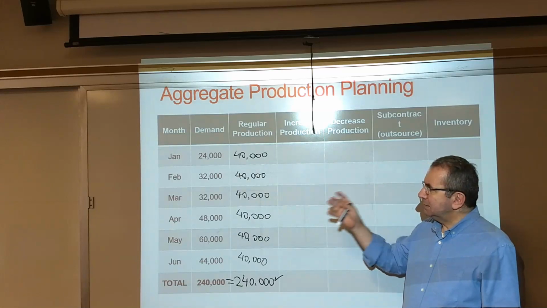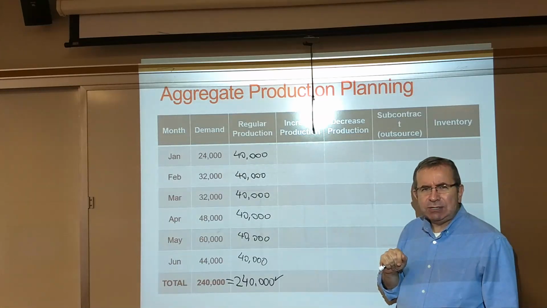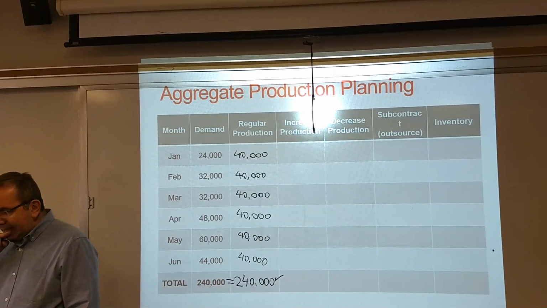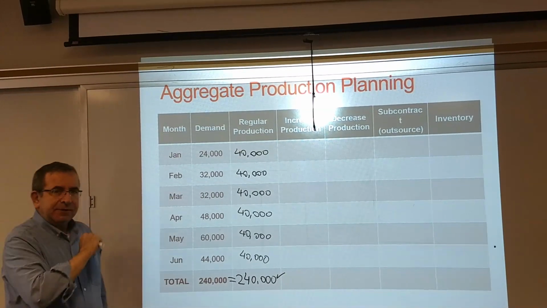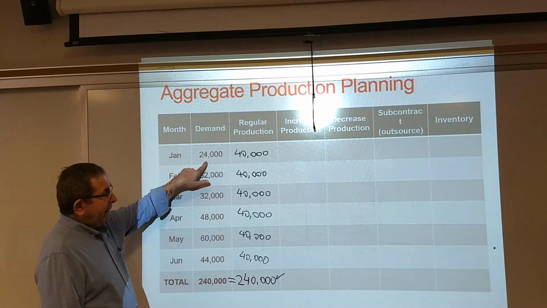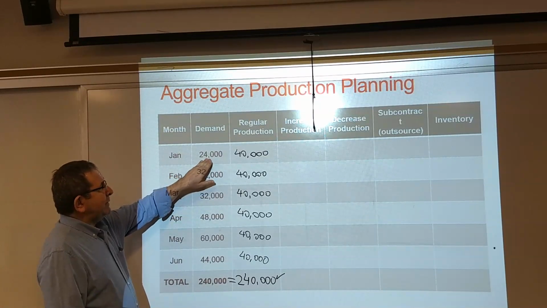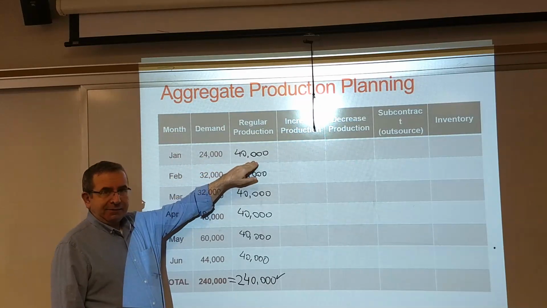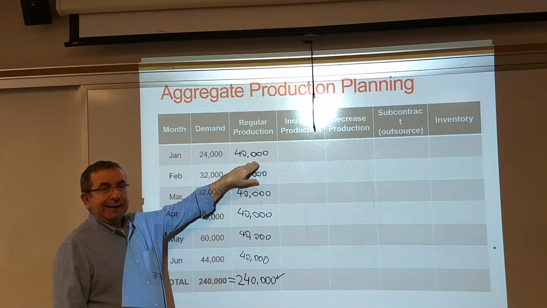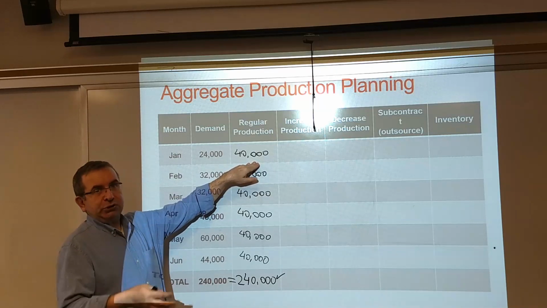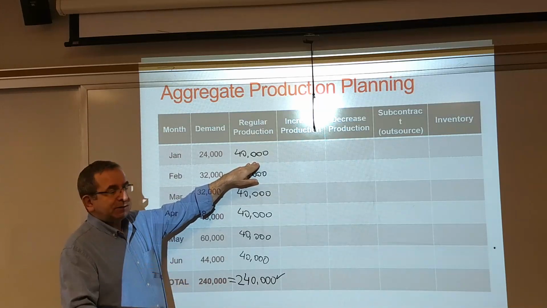But is there also a downside to this? Let's see what happens in month 1. In January, the customers want 24,000 items, but you make 40,000 items. You cannot sell 40,000 items because you cannot force your products on your customers.